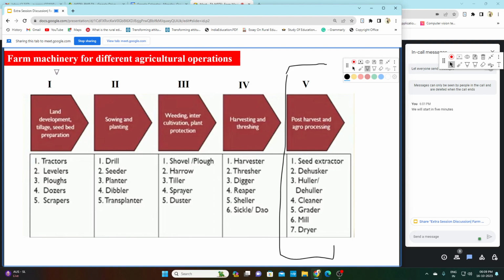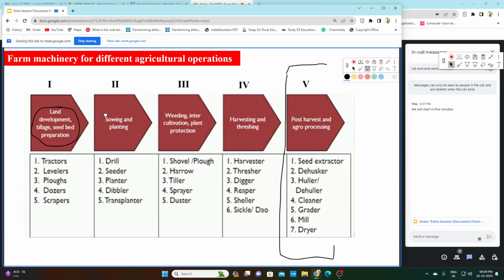What is the first operation? The first operation is known as land development or tillage, or seedbed preparation. This is the first and very basic farm machinery operation. Second, when we have already developed the seedbed, or done the land development part, the second operation is sowing and planting.